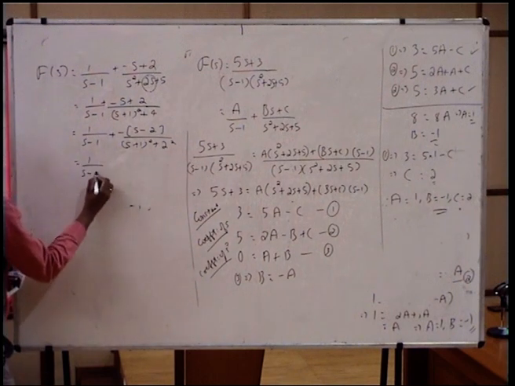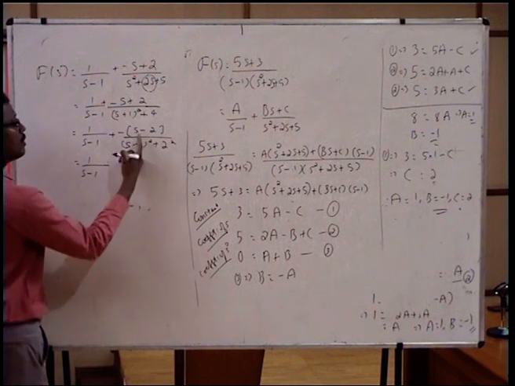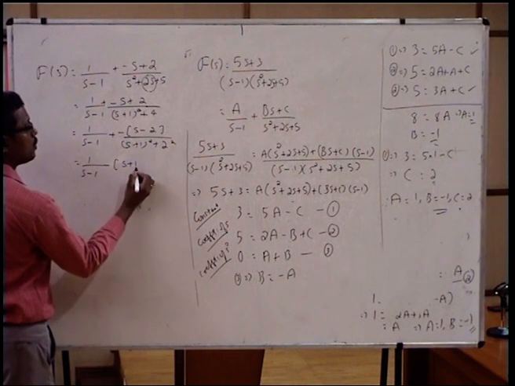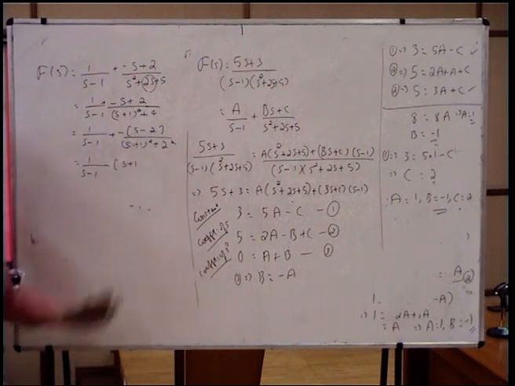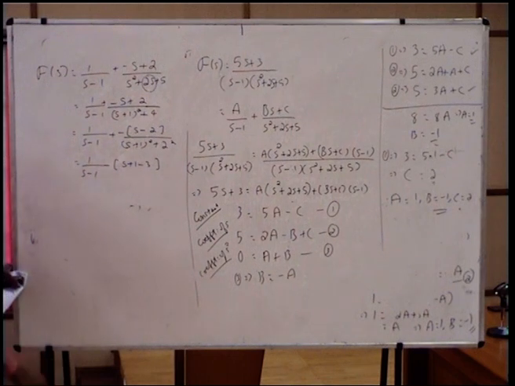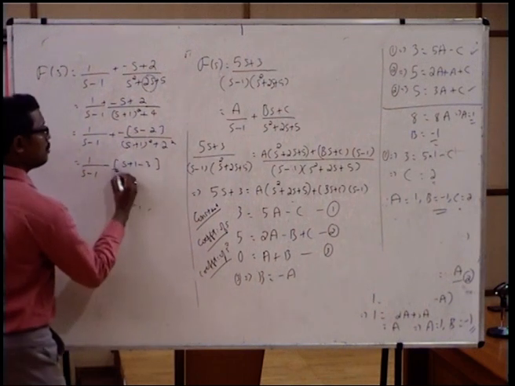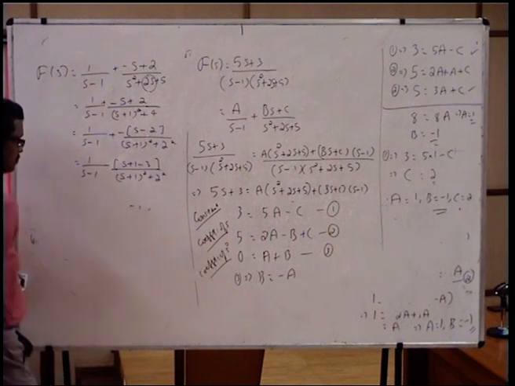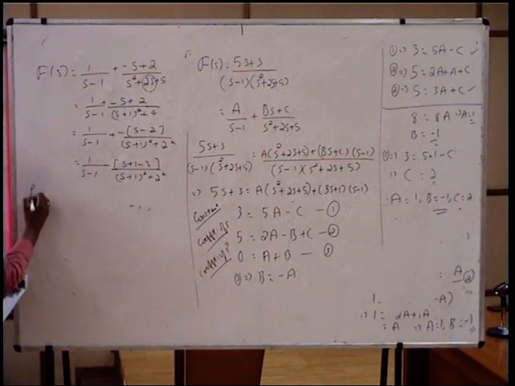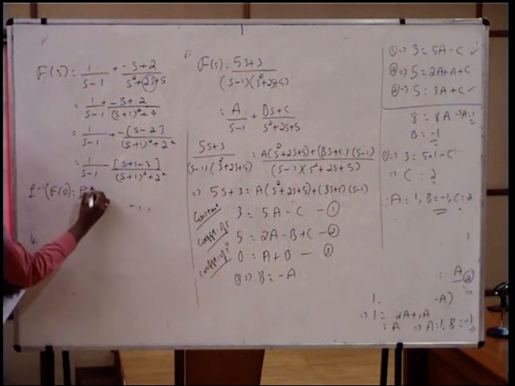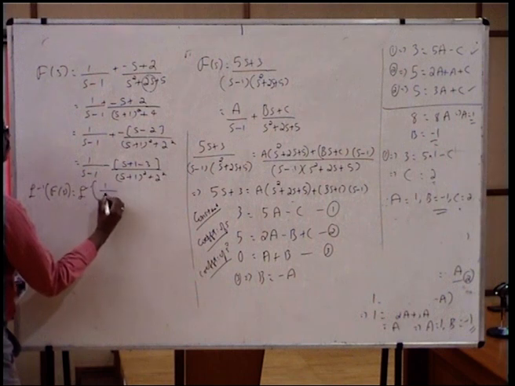So this is 1 by s minus 1 minus, now replace s by s plus 1, and the constant is minus 2, so subtract 3, s plus 1 minus 3 divided by s plus 1 the whole square plus 2 square.